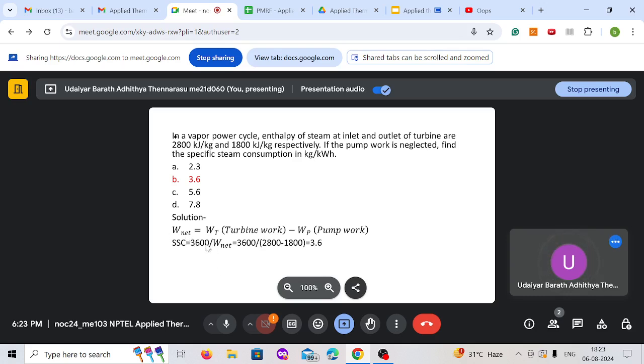So 3600 divided by W net, this is for per kilowatt of work output, how much steam is being used. So W net is the enthalpy difference. So 3600 divided by your enthalpy difference, 2800 minus 1800. So this will give me 3.6 kg per kilowatt hour. So it requires 3.6 kg of steam flow per kilowatt hour of work output from the power plant.